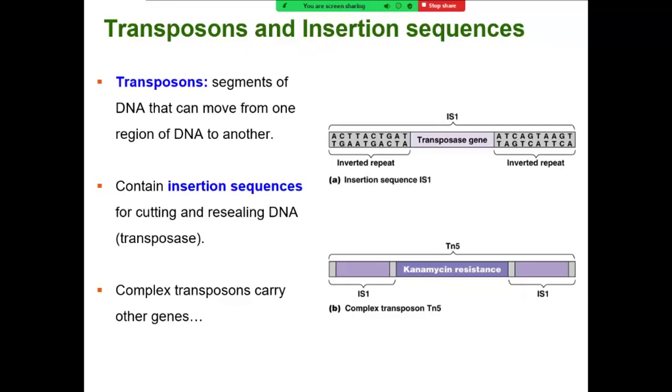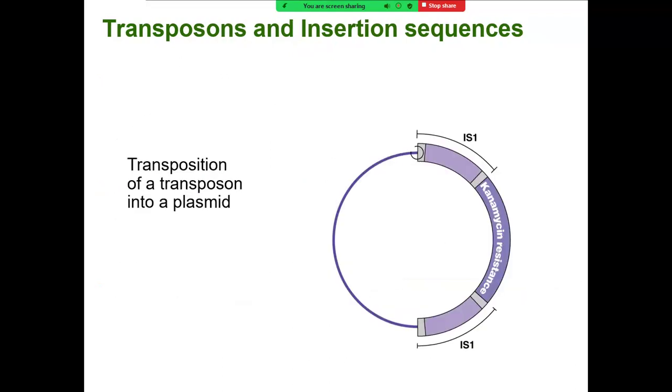Now, for bacteria, it does allow the gene, like kanamycin resistance, to move from one location to another, such as move from a chromosome and into a plasmid. Why this is important is that plasmids are much more likely to be shared between different cells. So a plasmid is more likely to be inserted into a virus, and then transduction can carry it into another cell, or a plasmid is more likely to undergo transformation.